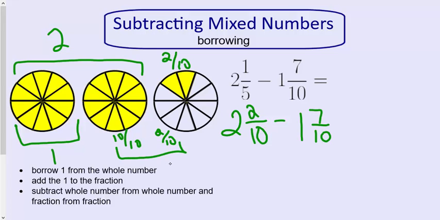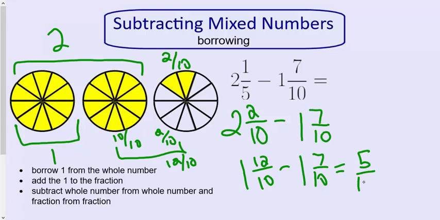Together, that is 12/10. So I could rewrite 2 and 2/10 as 1 and 12/10. Then I can subtract 1 and 7/10 from that number. 1 minus 1 is 0. 12/10 minus 7/10 is 5/10, or 1/2.